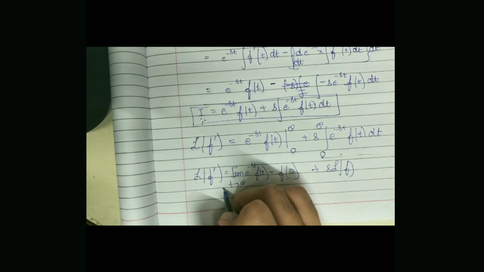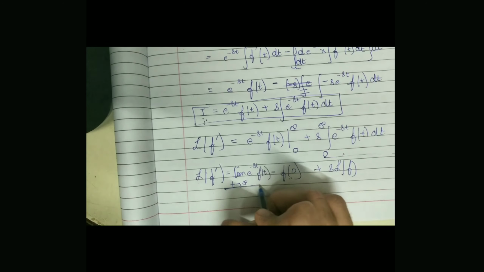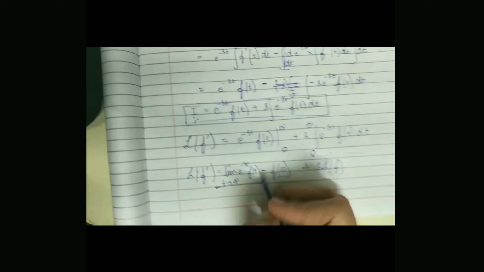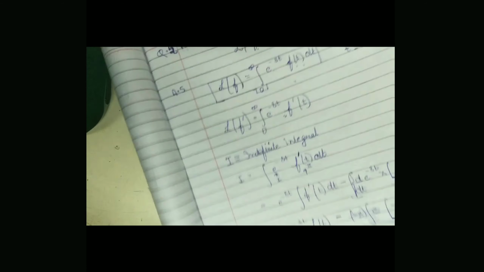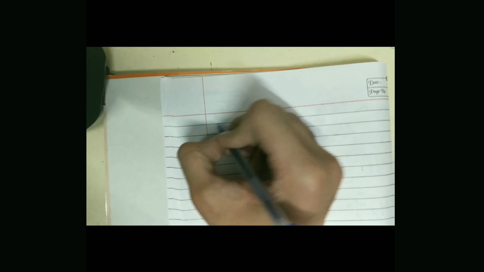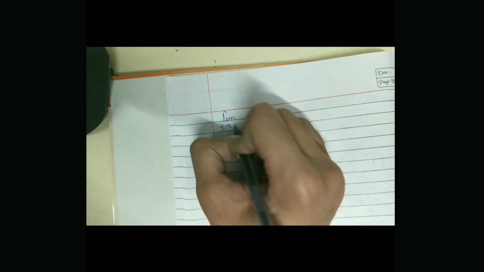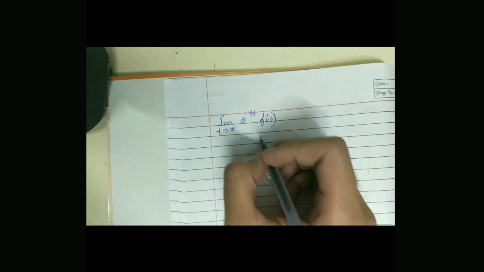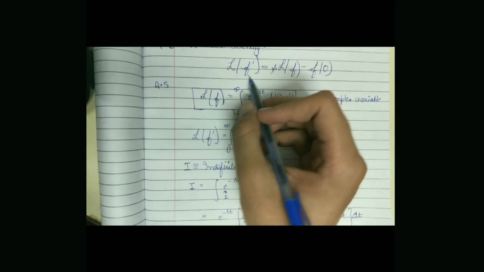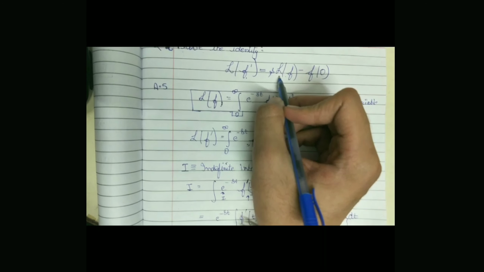I'm going to hold this Laplacian of f derivative here, because I need to figure out the value of this term: the limit as t tends to infinity of e raised to power minus st f(t). We know that for this identity to be possible, the Laplacian of f must exist.